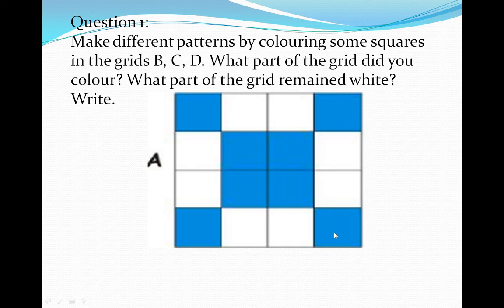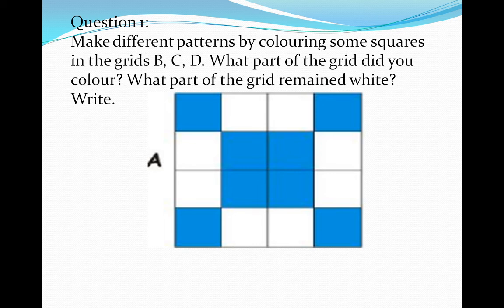That means we can say that one square is divided into 16 small squares. And you know what is a square? A square is a closed quadrilateral which has four sides which are equal in length.